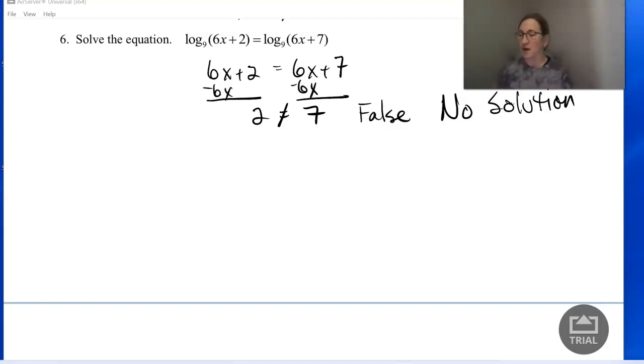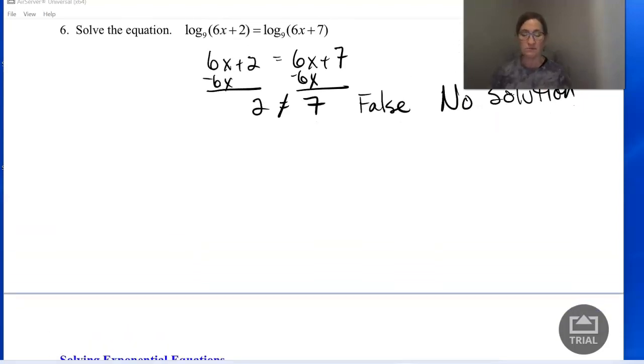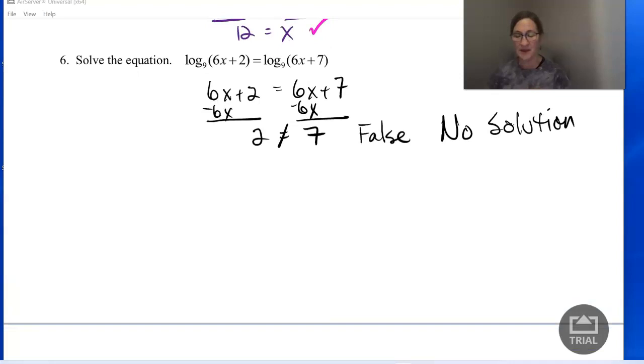Let me give you another one to try. It's kind of interesting. We'll call this one 6.5. I'm going to write this one in gray.